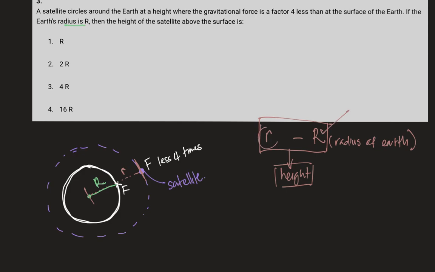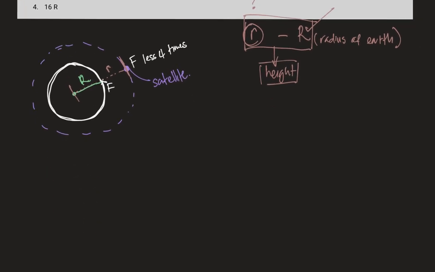This I know. That I don't know. I need to go and find that. Right, so the first thing I need to do is write out some equations that make sense. So the first thing I want to look at is the gravitational force on the satellite and what the gravitational force is on Earth. So I've got F of my surface, which is G mass of Earth times mass of satellite all over r squared.